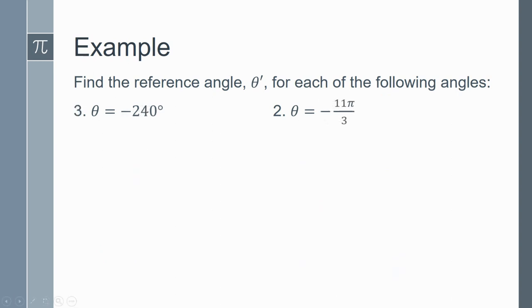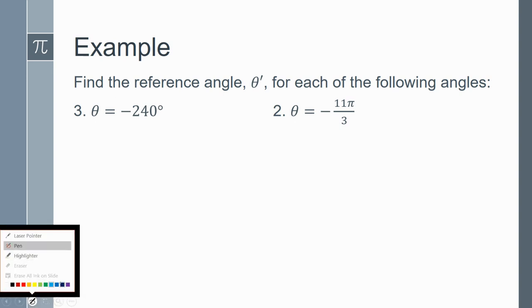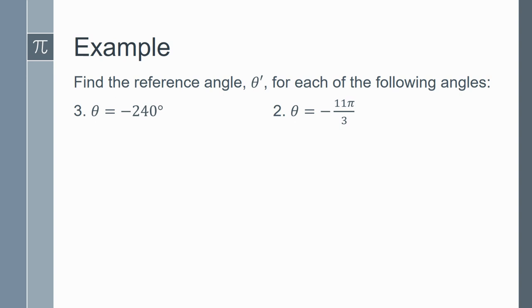Okay, let's look at a couple more, but this time it's negatives. We've got negative angles here. So if theta is negative 240 degrees, honestly, because my reference angle always has to be a positive acute angle, the first thing that I would do in these problems is I would find a positive coterminal angle.